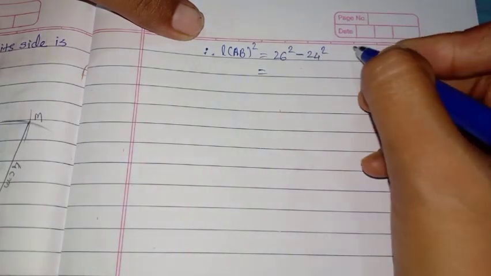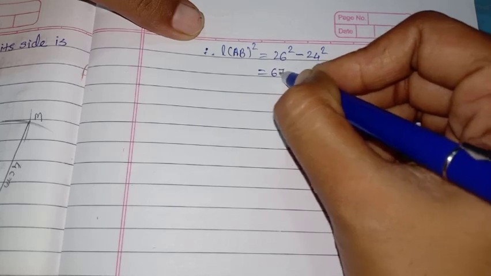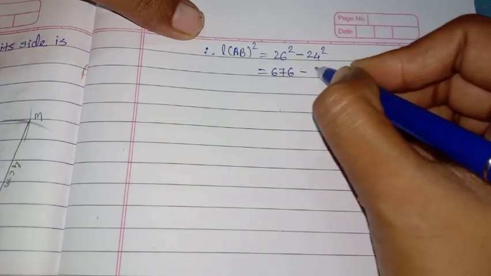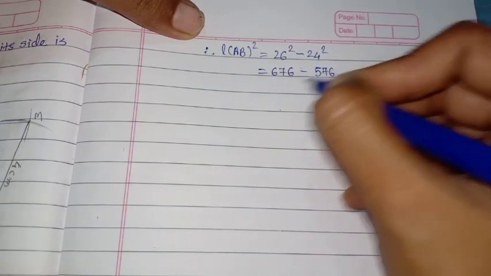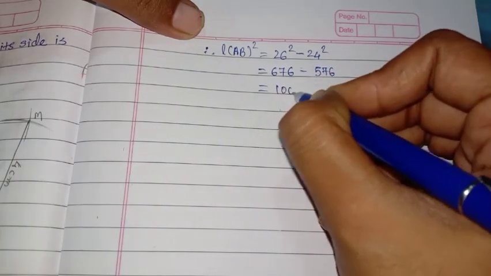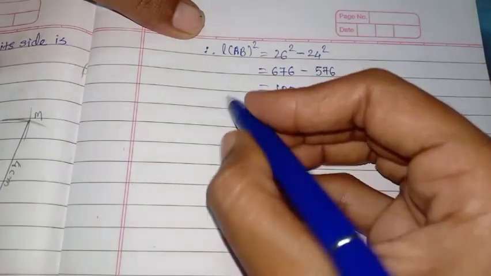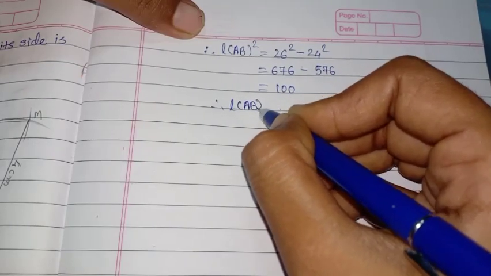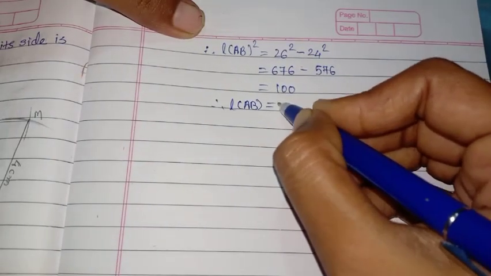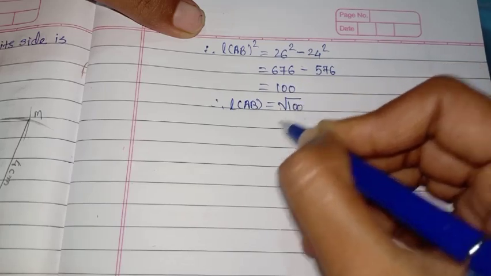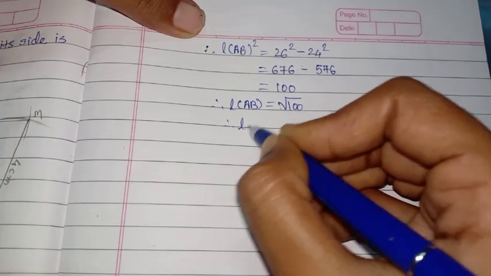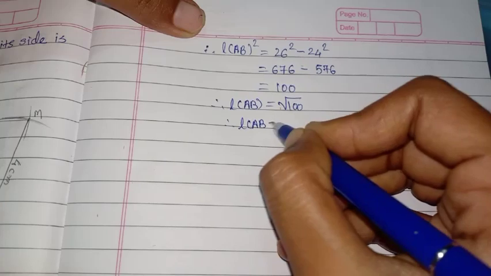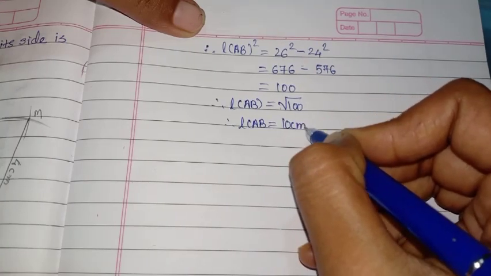So what is 26 square? 26 square is 676 minus 24 square is 576 is equal to 100. Therefore, now by taking square root of both the sides, length AB is equal to square root 100. Therefore, length AB is equal to 10 centimeters.